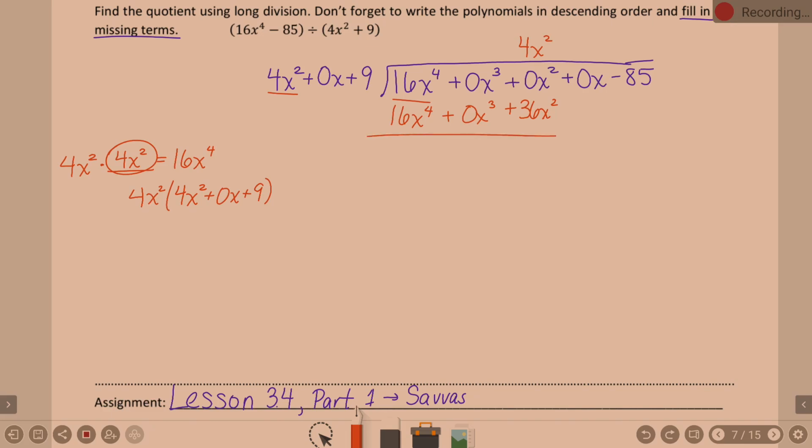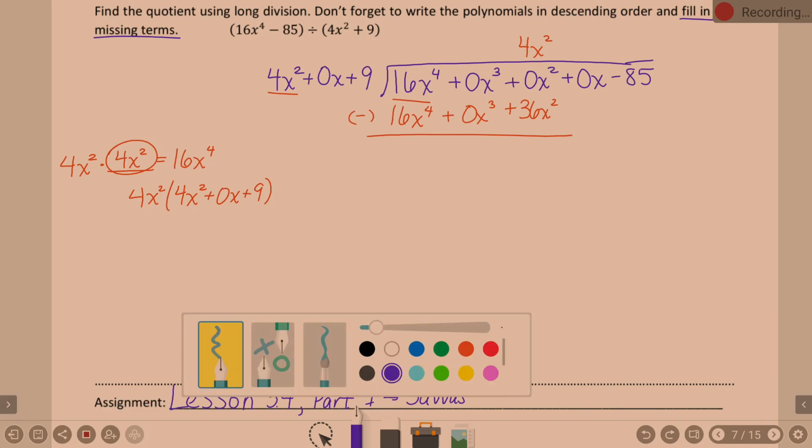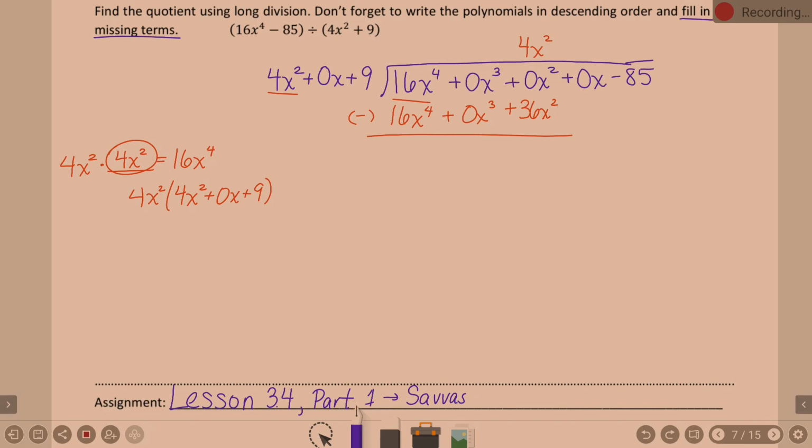And we are subtracting. 16x to the fourths cancel. 0x cubes cancel. Those don't necessarily have to cancel, but it canceled. 0x squared minus 36x squared. Negative 36x squared.